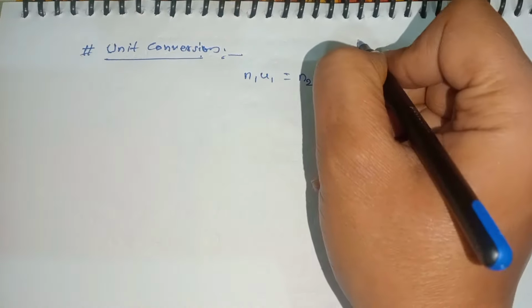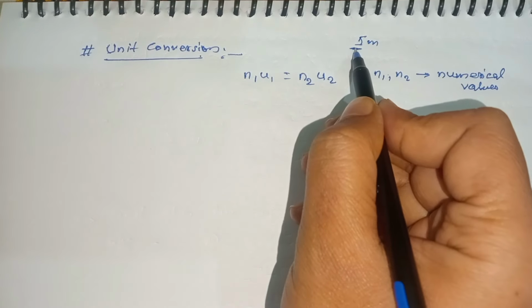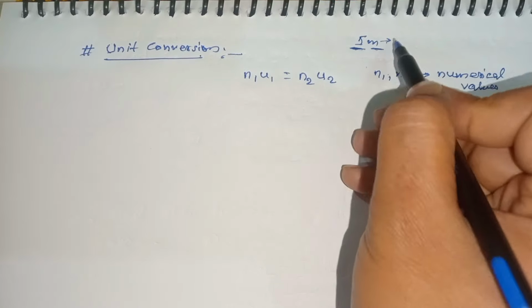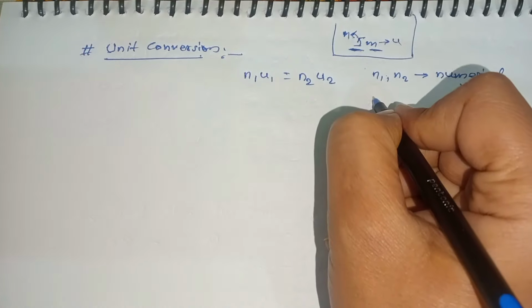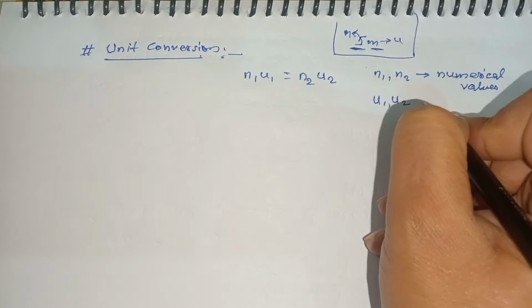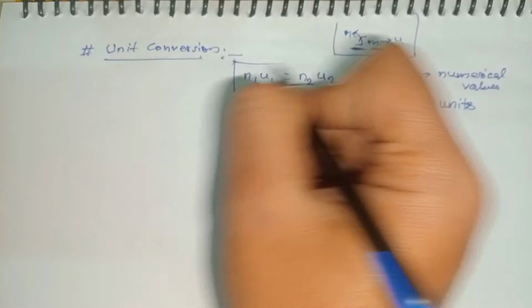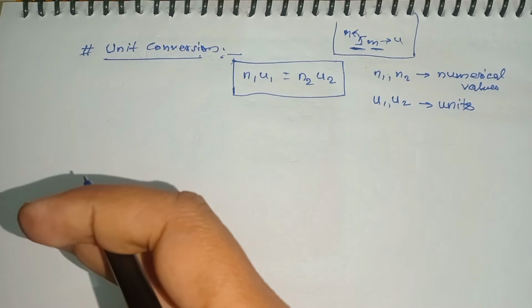Suppose it is written 5 meters, then this 5 is the numerical value n, and meter is the unit, this is u, this is n. And u1 and u2 are units. Now we have to convert one system of units into another system of units. For this we will use this formula, which is based on the fact that the magnitude always remains the same.